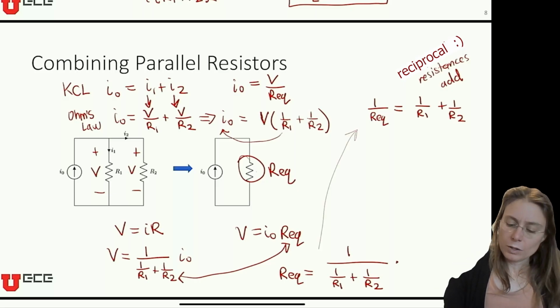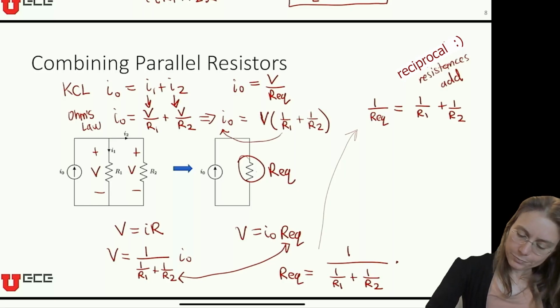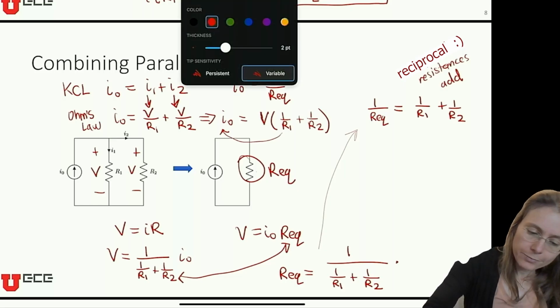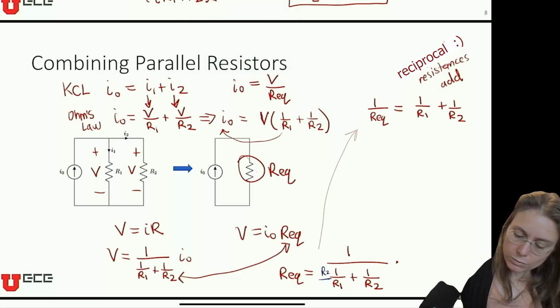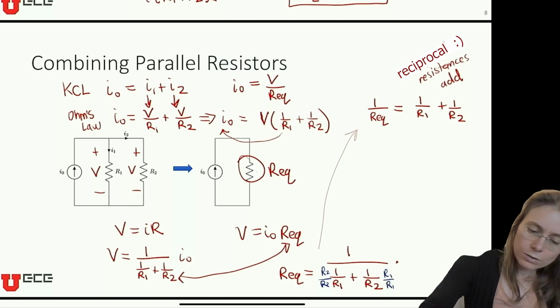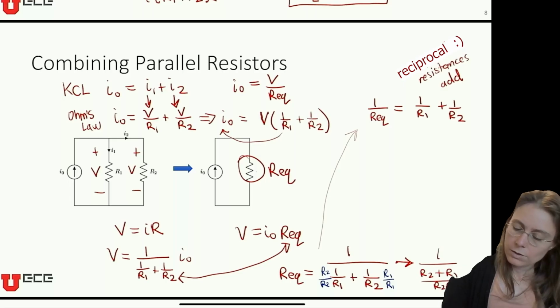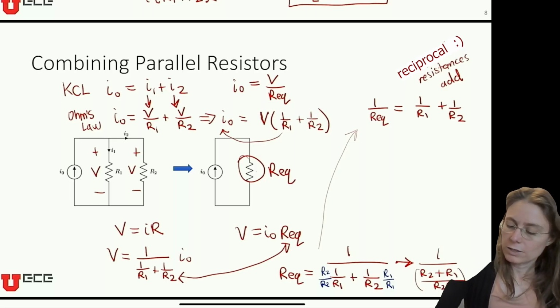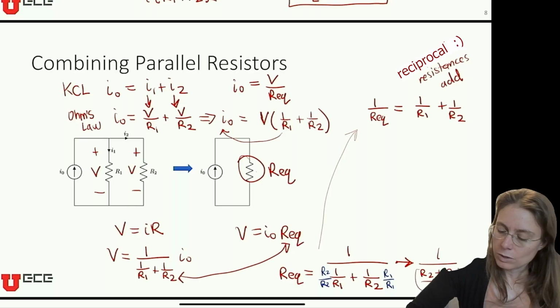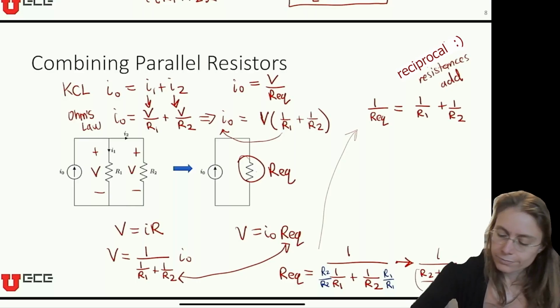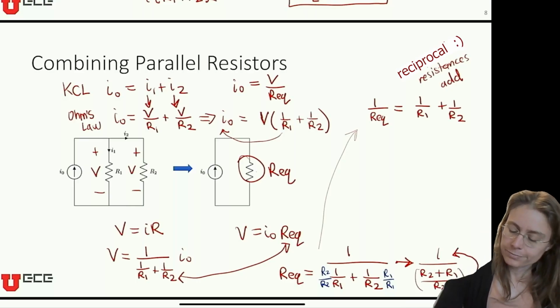The other common form of the equation you might see is if we create a common denominator down here. That means I'll multiply this by R2 over R2, and I'll multiply this by R1 over R1, which will then lead over here to R2 plus R1 over R2 times R1. And then when you have a fraction in the denominator like that, you can mathematically just flip this up to the top.